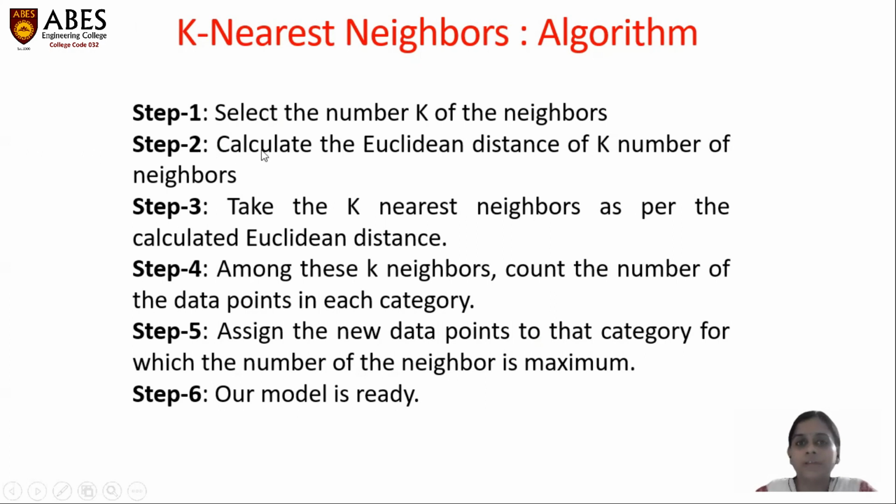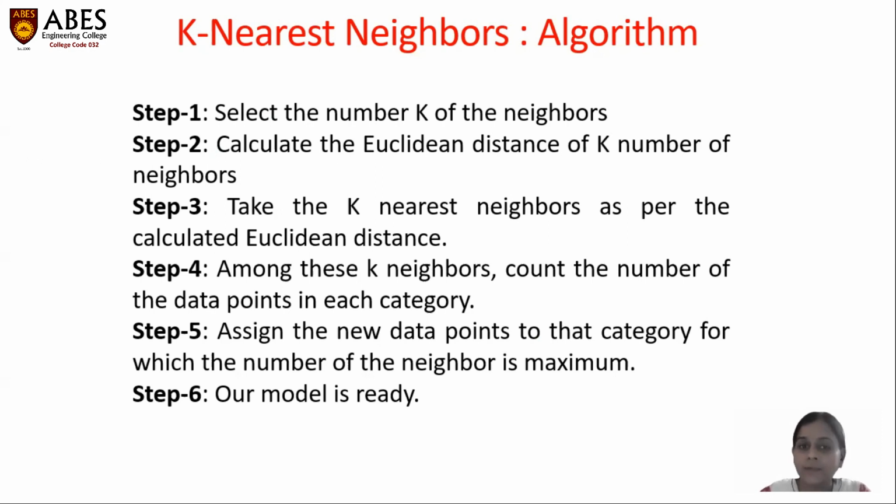Now, step number 2: after selecting the number of neighbors, you have to calculate the distance between those neighbors and the new data point. This is done by various mathematical methods or formulas. I have mentioned Euclidean distance here because it is generally used. Now step 3: after calculating the distance, you will take the K nearest neighbors as per the calculated Euclidean distance, and among these K neighbors, you will count the number of data points in each category.